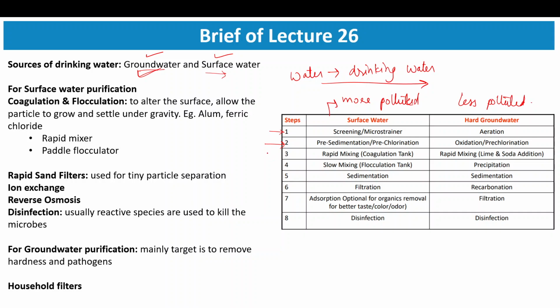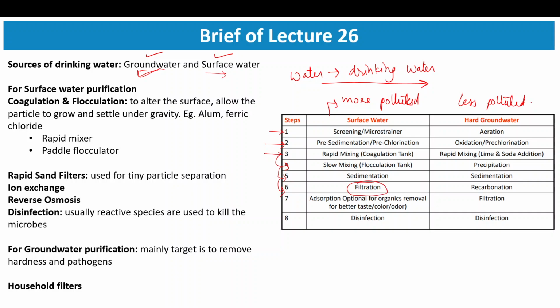So for surface water, for the small sized or coarse suspended particles, we have a coagulation tank, which is followed by flocculation. Then we allow them to settle in sedimentation, and if a few fine particles are not removed in sedimentation, we remove them by filtration.